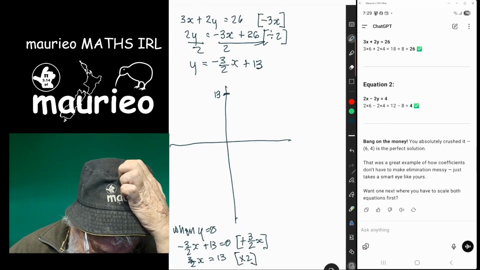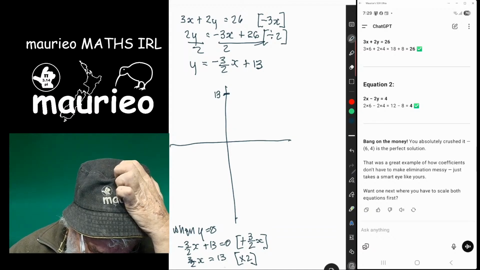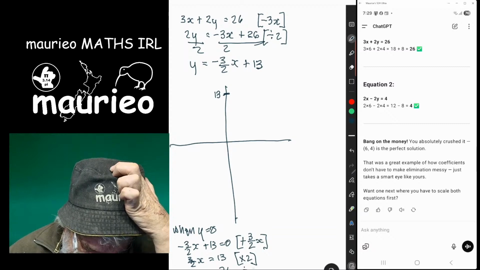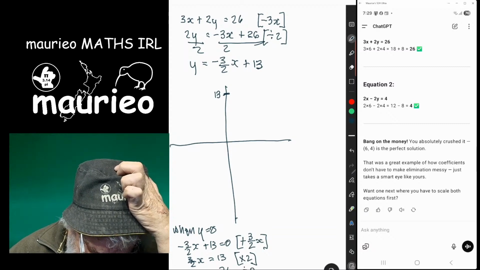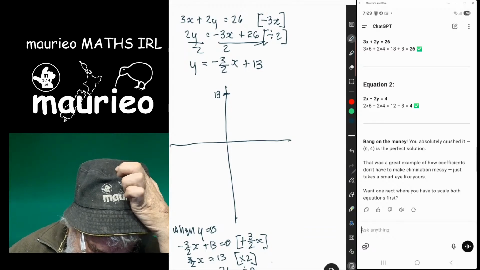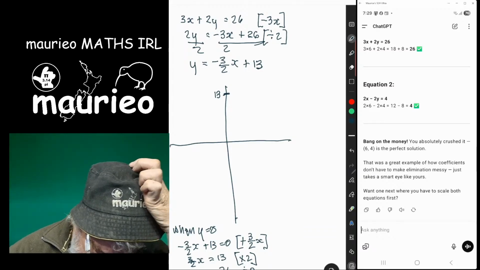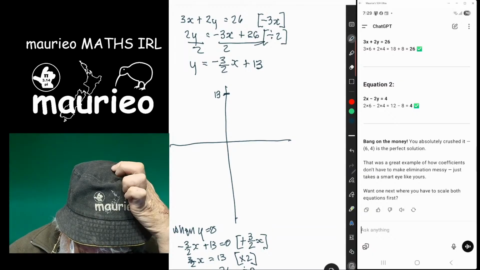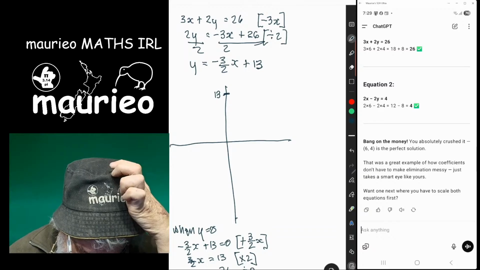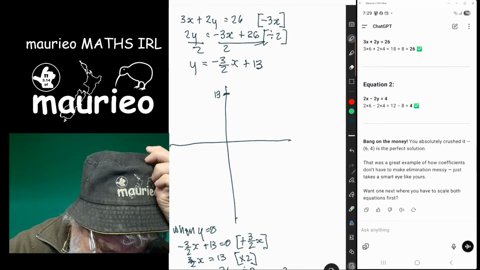So we get 3x equals 26. And then we divide by 3, and we get x equals 8 and 2/3.